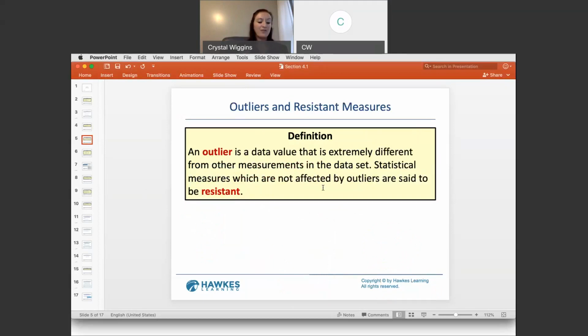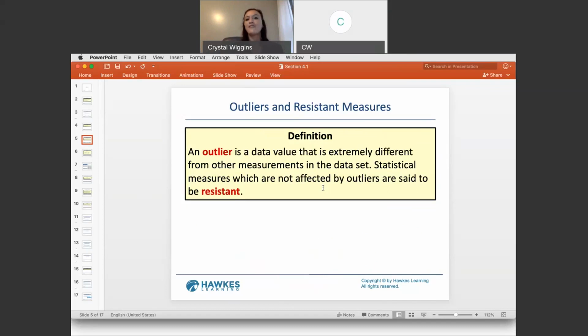If we have a bunch of tests that are in the 70s range, and one smarty pants gets 100, when I calculate the average and I add up all the grades in the 70s plus 100 and divide, I'm going to see the average pulled towards that 100. I'm probably going to see an average of like 85, which doesn't represent the majority of people.